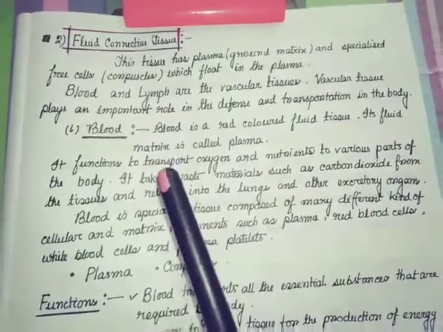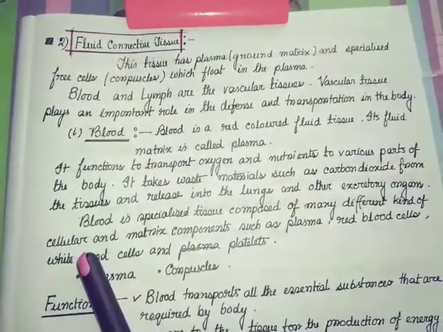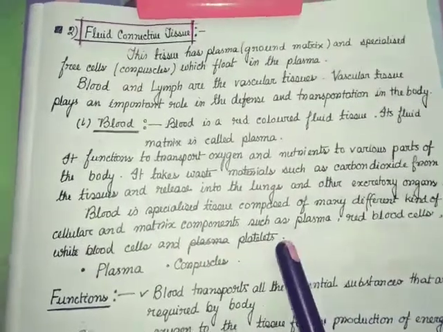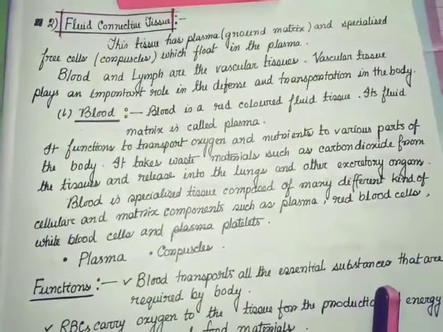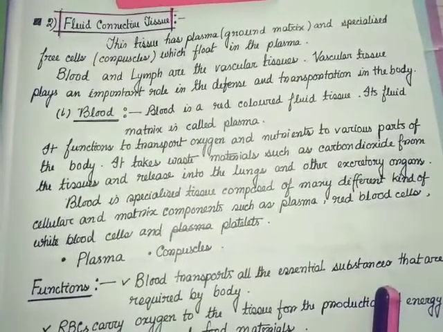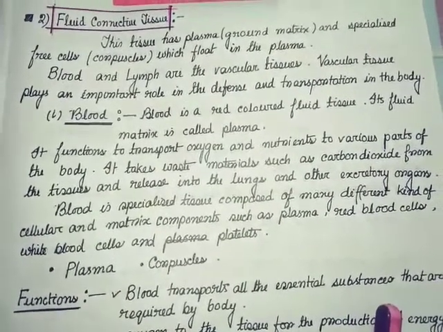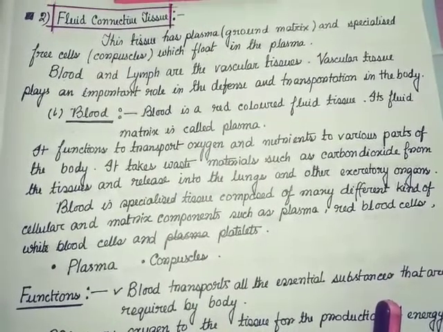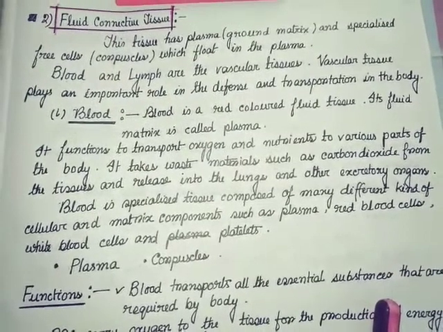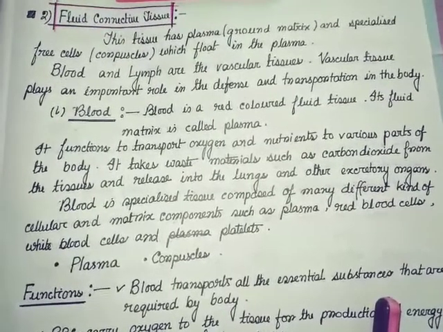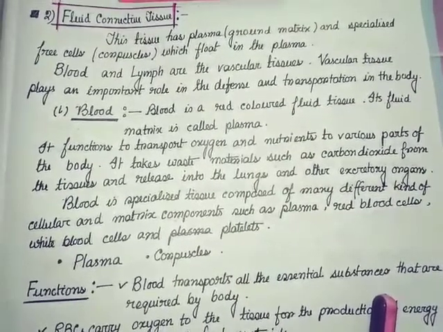So first one is plasma, and what are the cellular components here? Red blood cells, white blood cells and platelets. Okay, now what is the plasma? It is an aqueous solution with a complex composition. About 55% of total volume of the blood is plasma, and 30 to 35% of the total extracellular fluid is plasma.